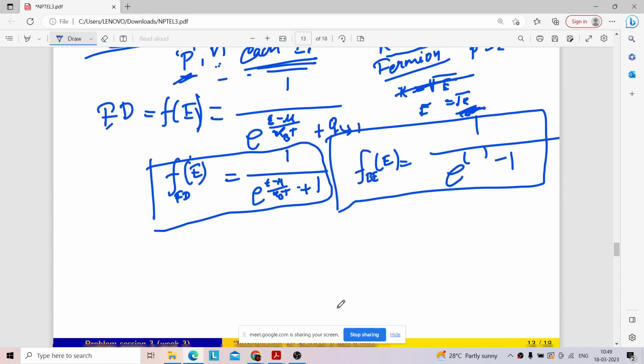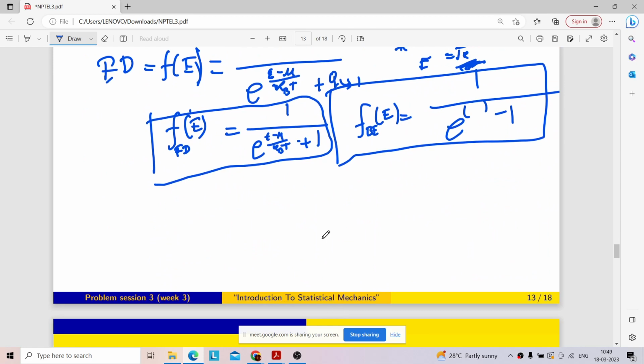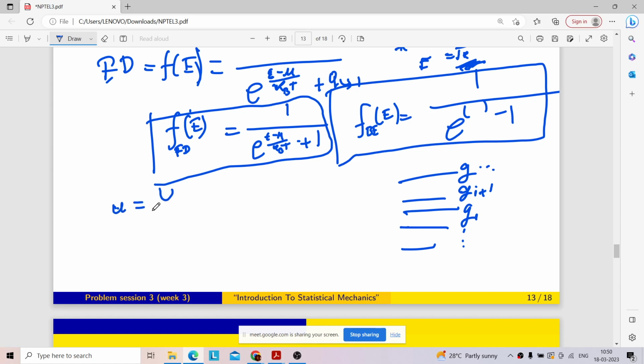Now I have some system with some arbitrary number of energy states, and each state has some degeneracy g_i, g_i plus 1, and so on, right? Then I want to calculate the energy density of the system, small u, which is capital U divided by volume. So how will I calculate it for a general system?